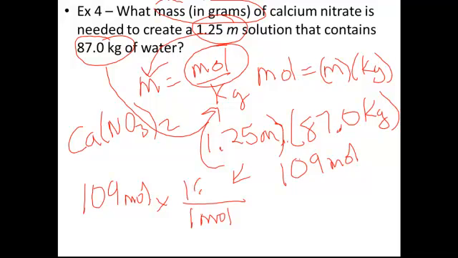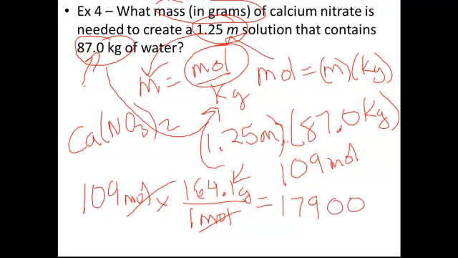That is 164.1 grams. We're going to multiply that by 109 moles. Moles cancel. And holy cow, we get a real large number. We're going to round that to 3 significant figures because these both have 3 significant figures. So that's 17,900 grams of calcium nitrate is our final answer.